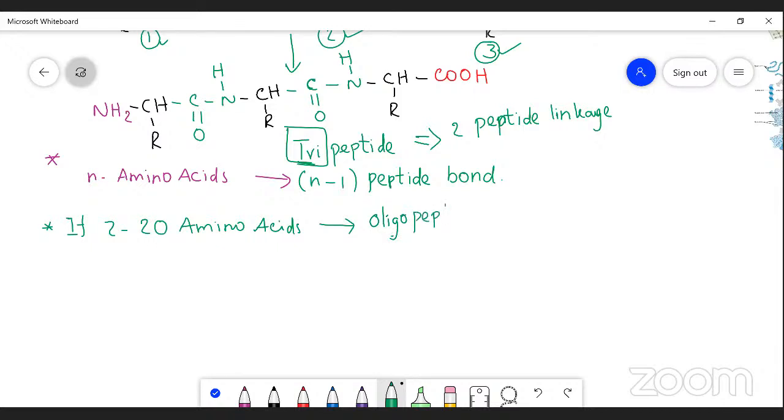Oligopeptide is nothing but 2 to 10 or 20 amino acids joined together.